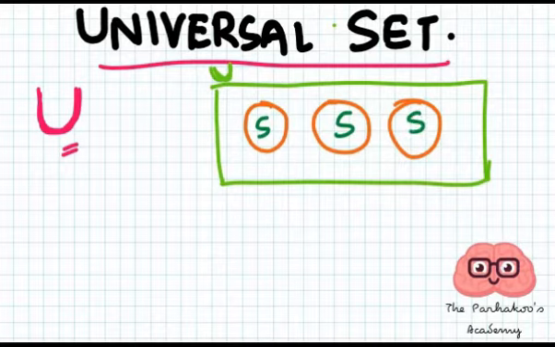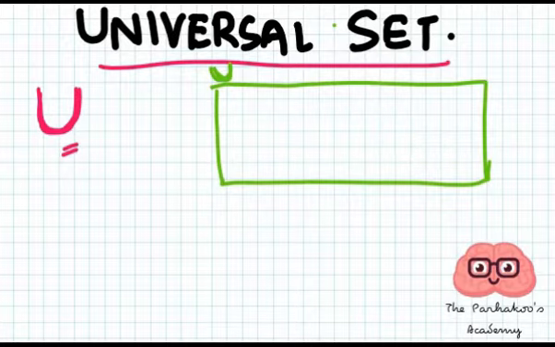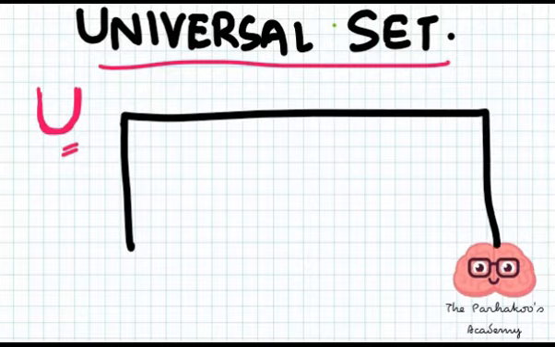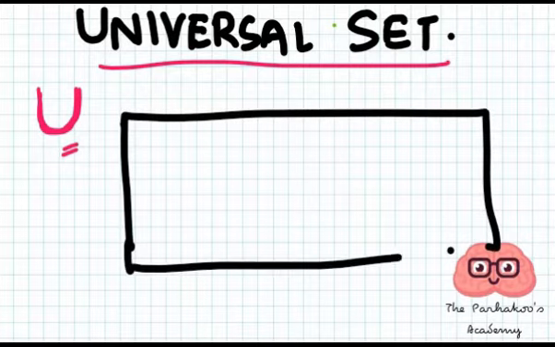Previously we saw the example of the students playing different games. Now let's make the Venn diagram so that you understand. We make a very big universal set, and this universal set consists of all the students playing different games.